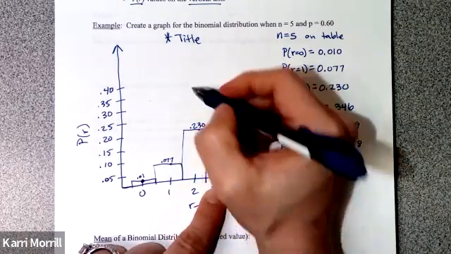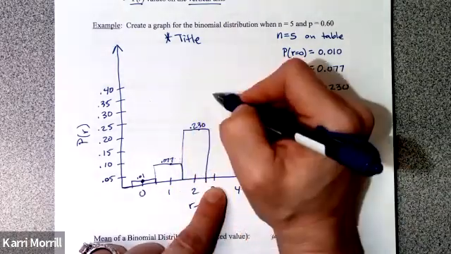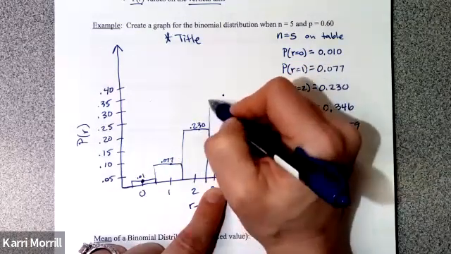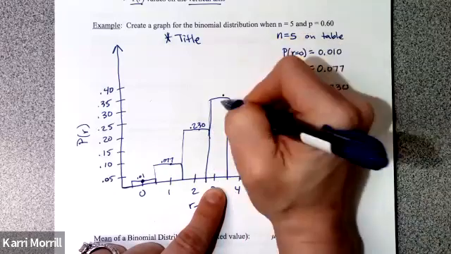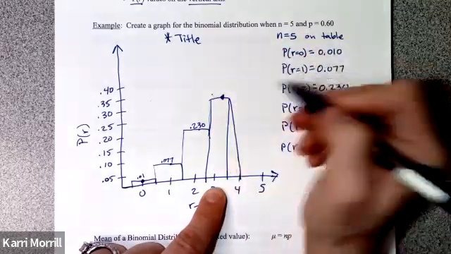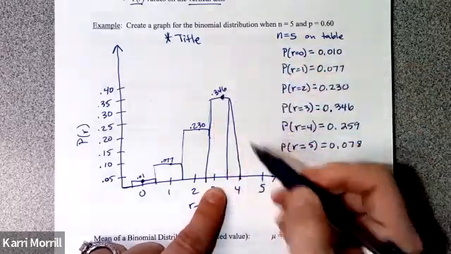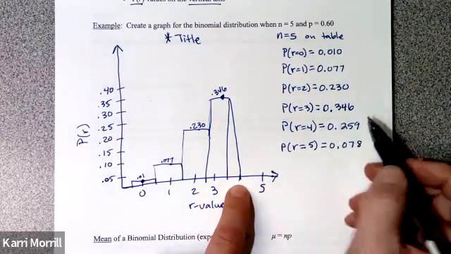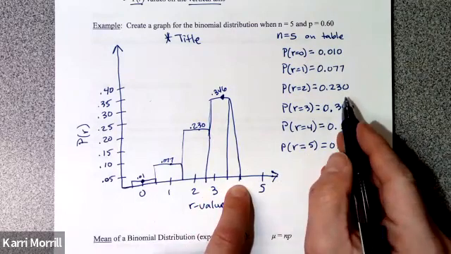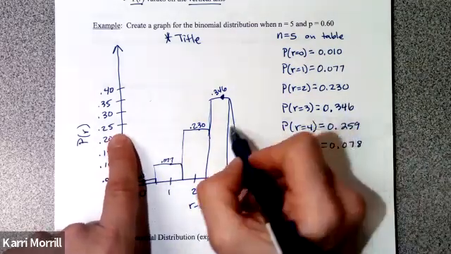3 is the 0.346, pretty close to 0.35. Oops. That one got crazy. I'm very sorry. We'll use that as part of my pattern, I guess, for this next bar, except it's not going to be as high.